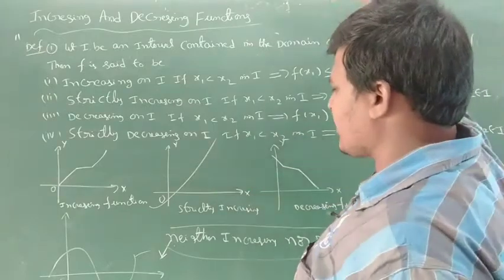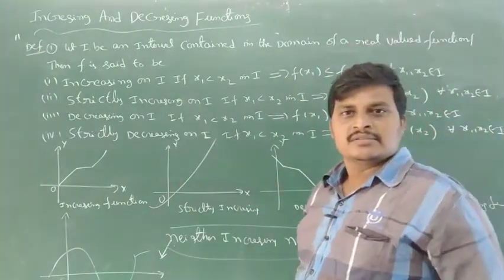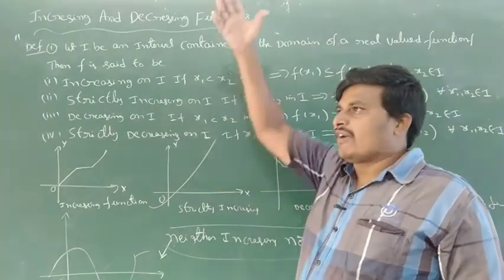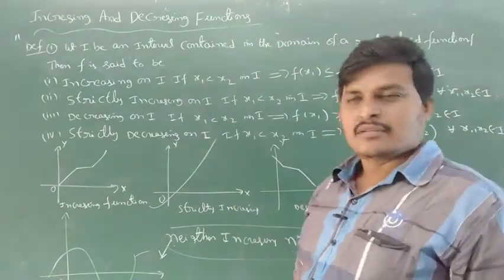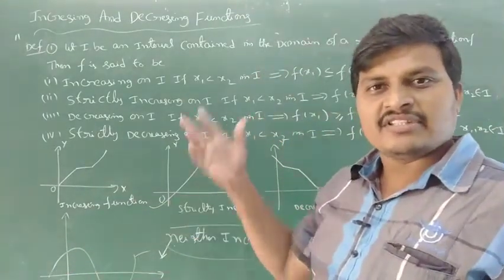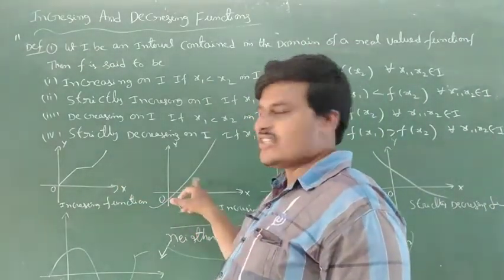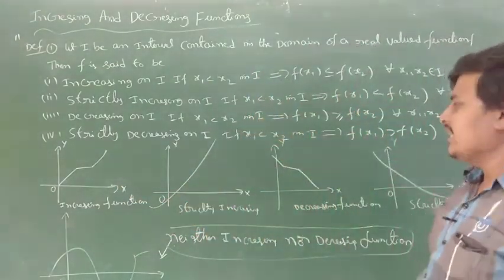Counting 1, 2, 3, 4, 5, 6, 7, 8 along this one, this is increasing, but this straight one is strictly increasing.